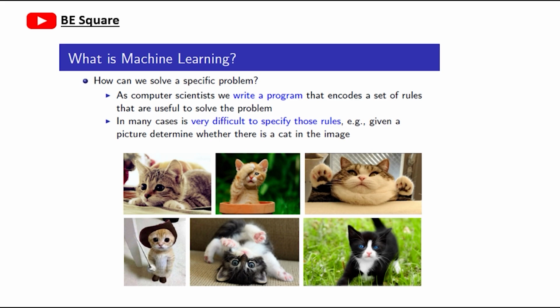So how can we solve these specific problems, including problems in our daily lives? As computer scientists, we usually write a program that encodes a set of rules that are useful to solve the problem. In many cases it is very difficult to specify those rules.